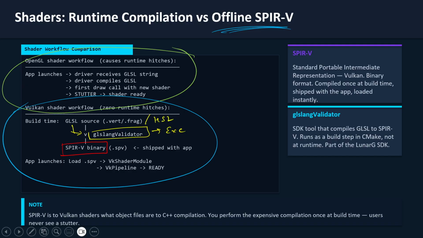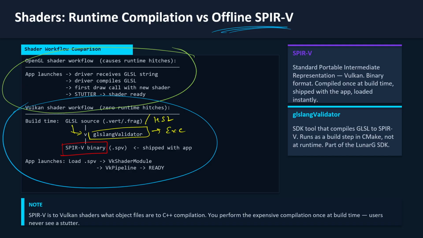You can give any other shading language as well; in fact, you can give Metal shaders as well. When the program runs, Vulkan simply loads this pre-compiled shader binary and creates the pipeline, so there is no expensive pipeline compilation here.